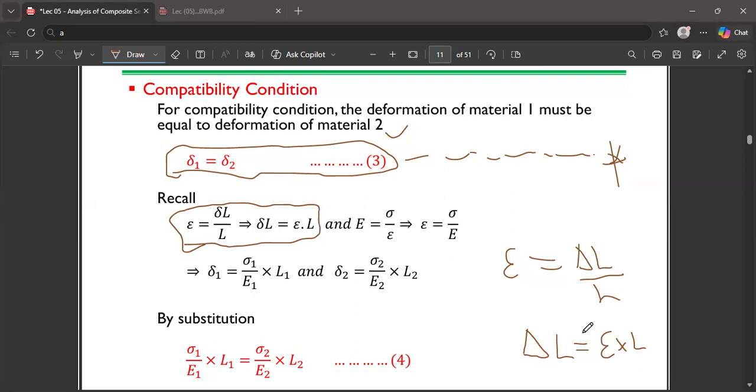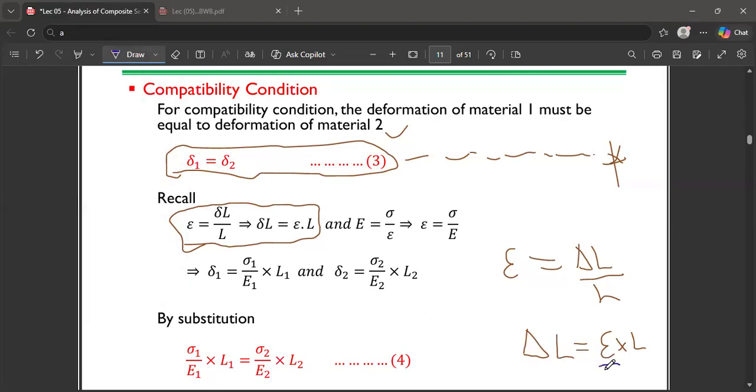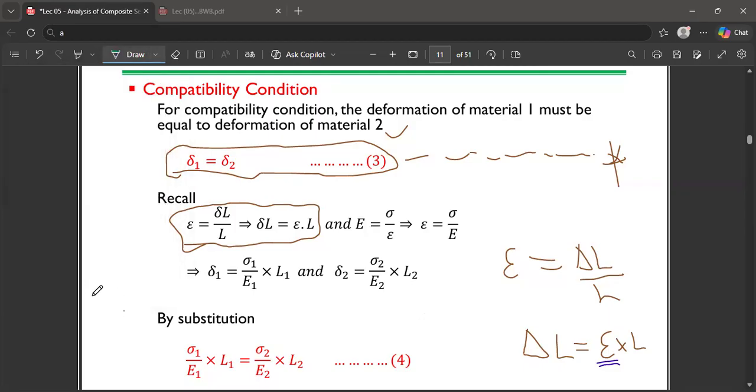And also, you have to know that this same strain that I have underlined over here, from the same lecture 1, we learned that elasticity is equal to what? Stress over strain. So if you make strain the subject, what are you going to get?